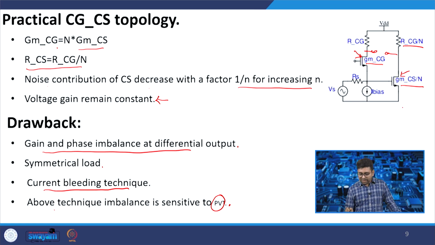If there is a process variation, you cannot get a differential signal with 0 and 180 degree phase. There is a mismatch, so gain and phase imbalance will be there.